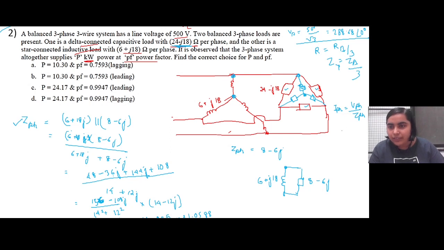Now to calculate the I phase, it is 288.68 divided by Z phase, which we will write in terms of the angle, then it will be easier to divide.